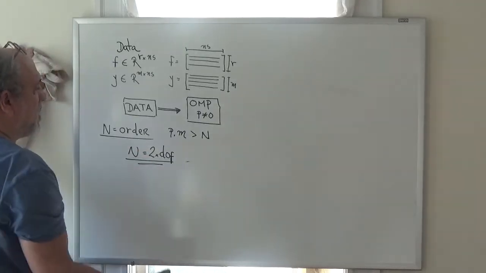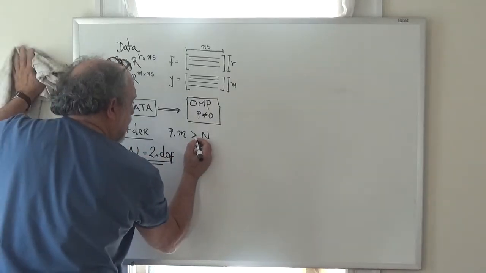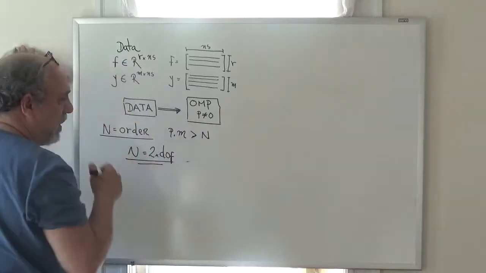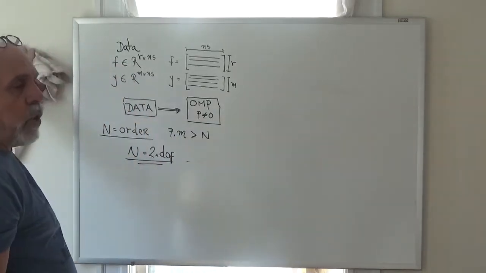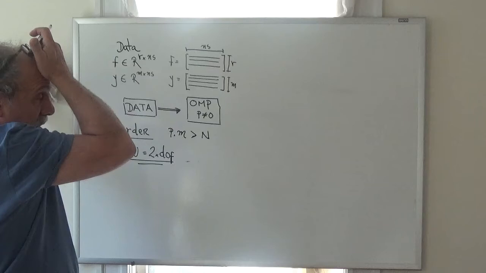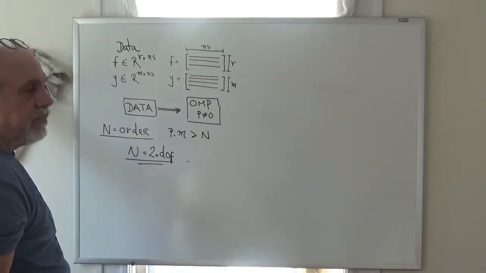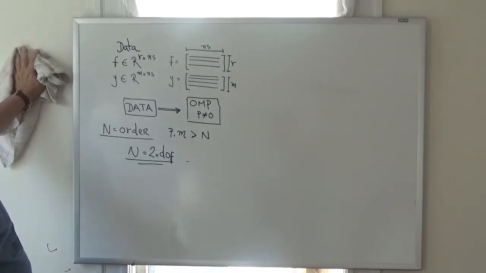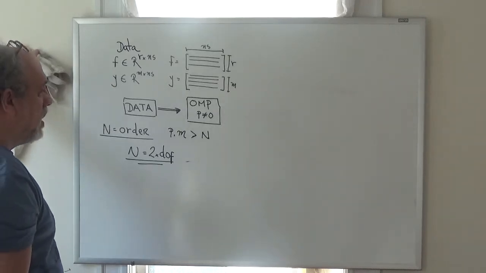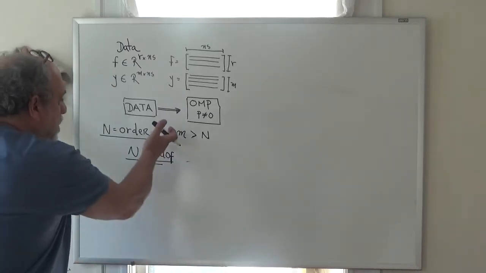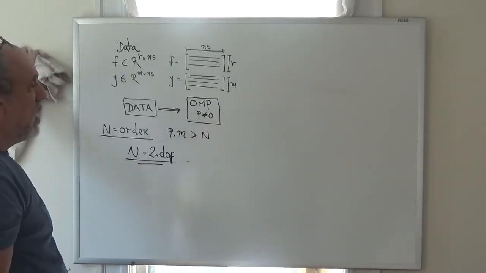But the beauty of this thing is that it doesn't say anything has to be equal to anything, this just has to be bigger. So since we know the system that we're dealing with, we can say, well, okay, the order is 20, 10 degrees of freedom, 20, and so on. Therefore, we can choose a minimum P on that basis.